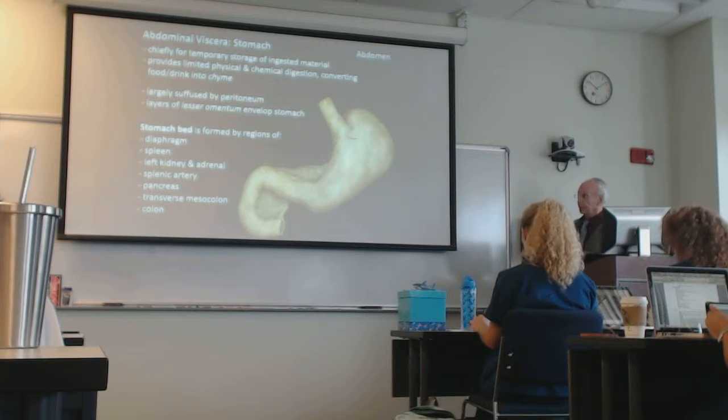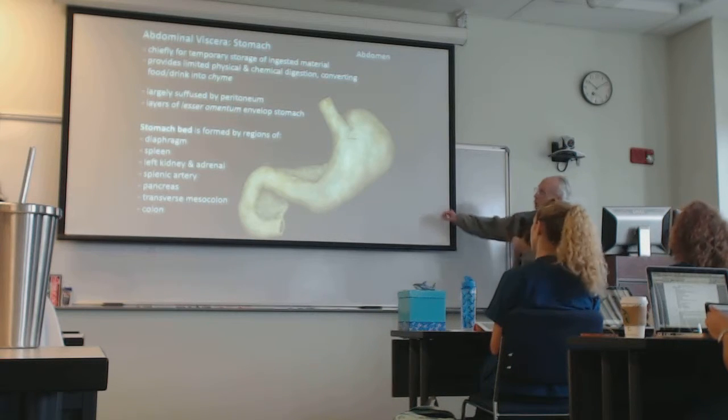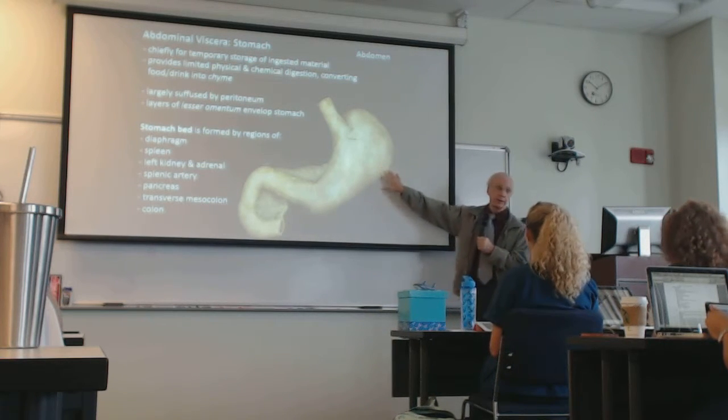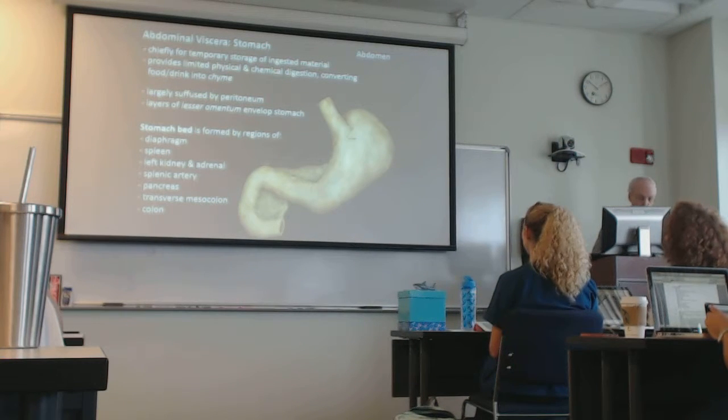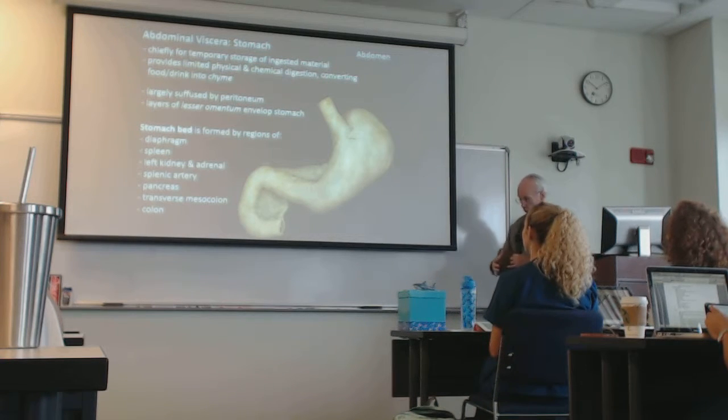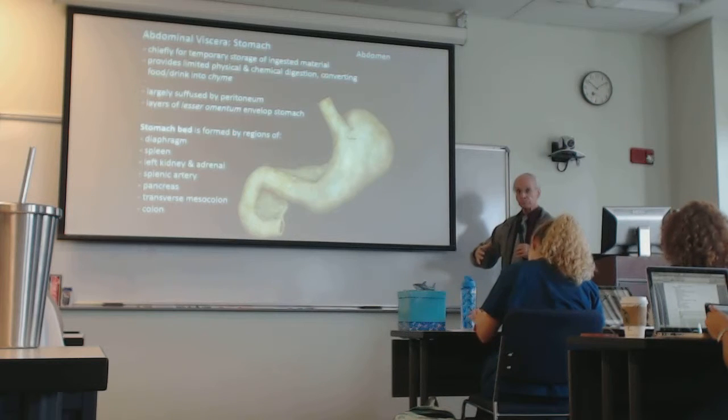You get liquored up weekends like I do, and a substantial portion of the alcohol is taken in to the stomach. But by and large, it's a storage tank, and it has the ability, as we're going to find later, unlike your lungs, when the stomach expands, intragastric pressure should not increase.